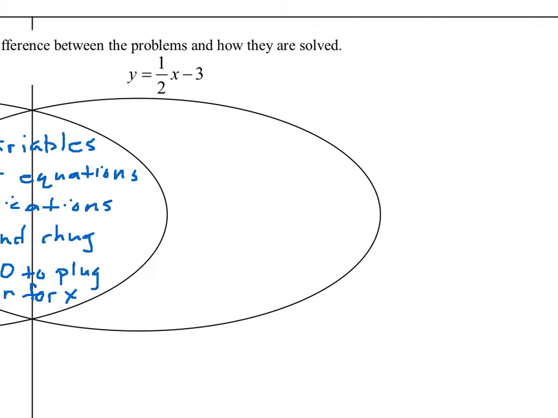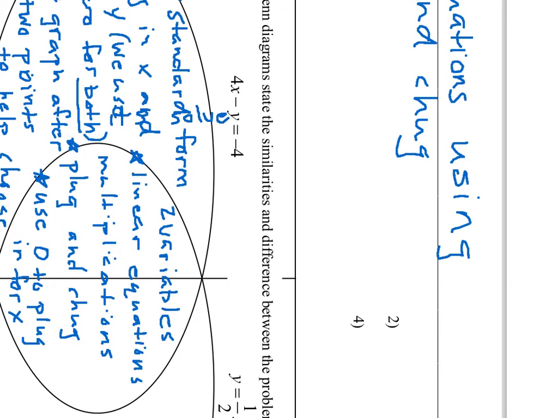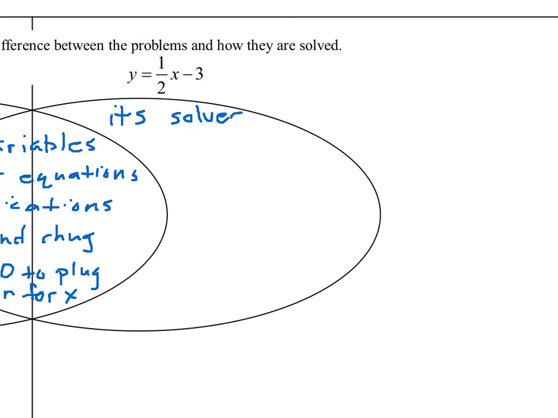Yeah, so it's solved for y. Specifically, when it's solved for y, and specifically with this form of the equation, what do we call this form of the equation, Lydia? Yep, so this is slope-intercept.